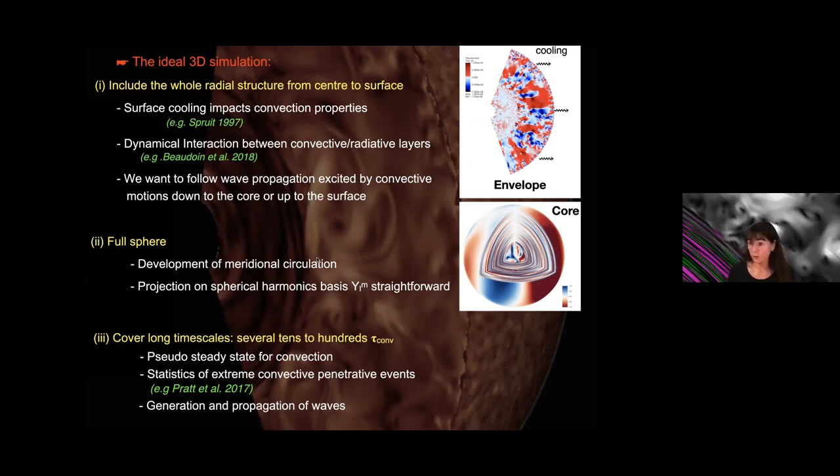Also, if you want to do some statistics on the flows, like what we have been performing with Jane Pratt and collaborators regarding extreme penetrative events, but also you need to cover enough time to follow the generation and the propagation of waves, above all standing waves of low frequency, which are actually due to interference of waves which are traveling all over the radiative region, and you need some time for them to set the final amplitude.